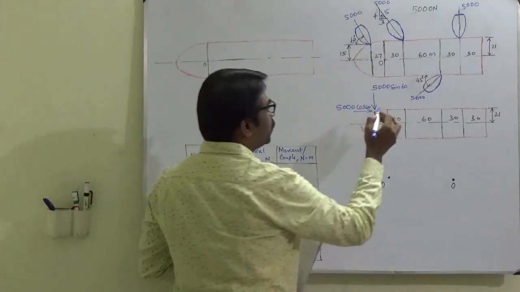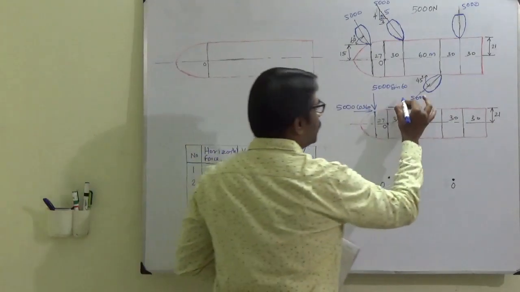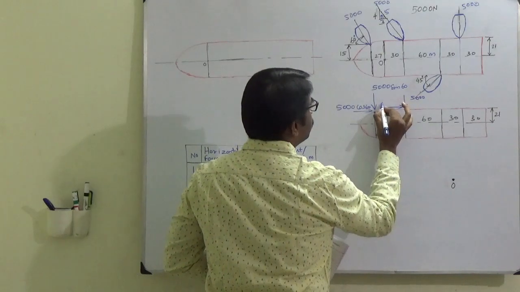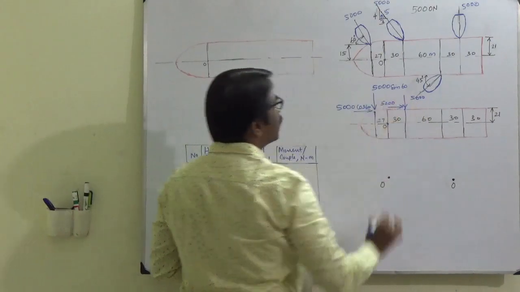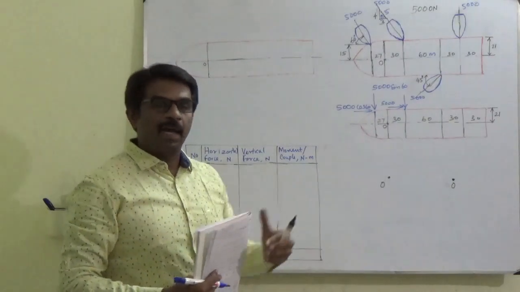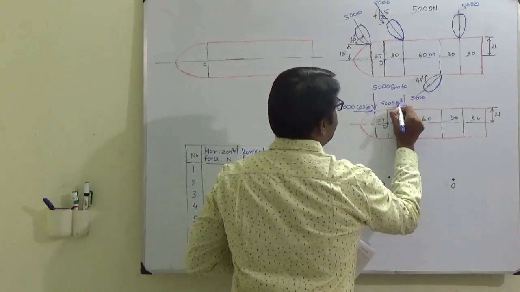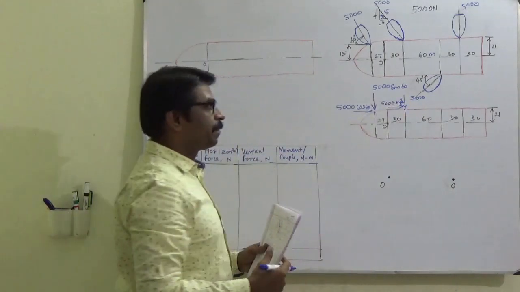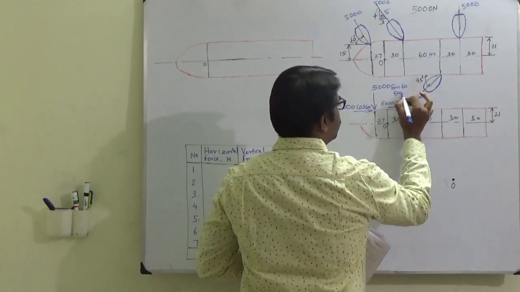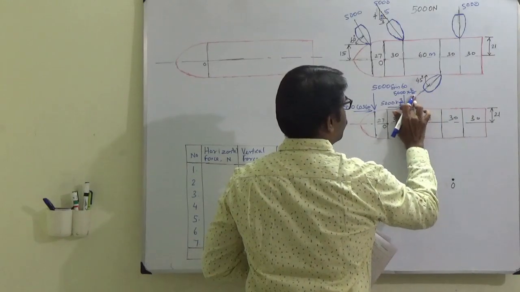Okay. So the horizontal component and the vertical component, the horizontal component is 5000 cos theta. Cos theta is adjacent by hypotenuse. So into 3 by 5. The vertical component is 5000 into 4 by 5.